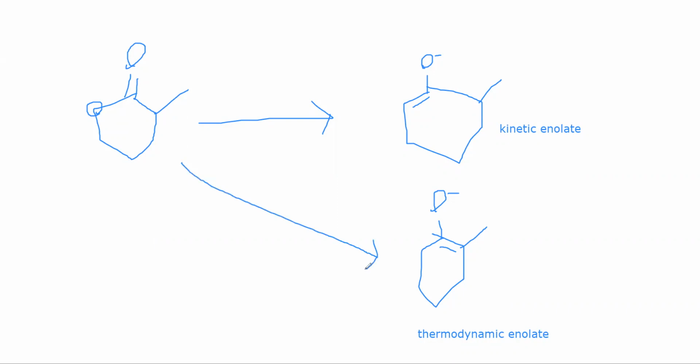The way the two teachers approach making these different things is different, which is kind of annoying, but it is what it is. For Samako, he uses sodium hydride at 25 degrees Celsius. And for Brooke, he says to use 0.9 equivalents and negative 78 degrees Celsius.